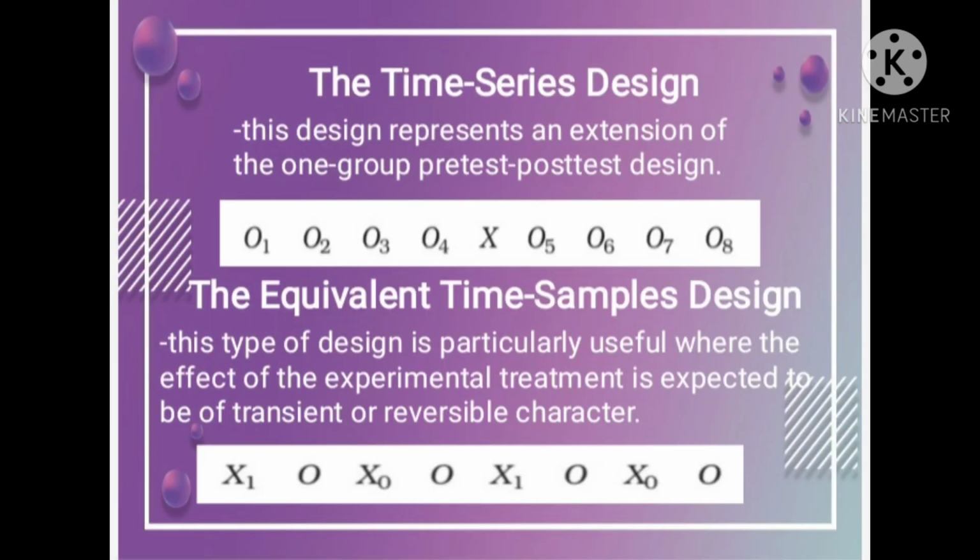Let's first discuss the time series design. This design represents an extension of the one-group pre-test post-test design. While the equivalent time samples design is particularly useful where the effect of the experimental treatment is expected to be of transient or reversible character.